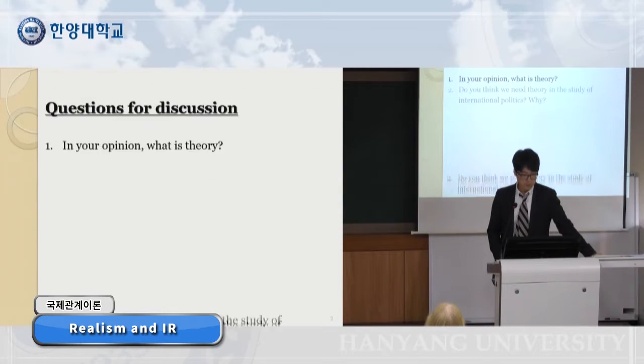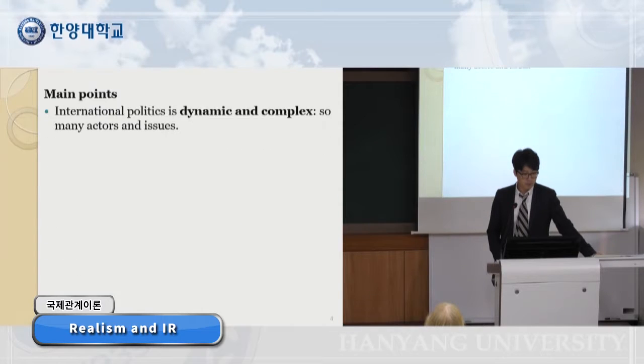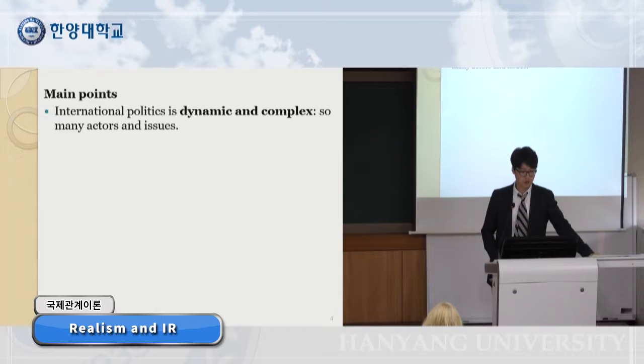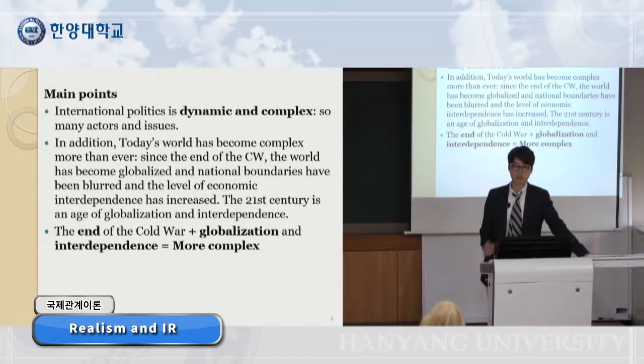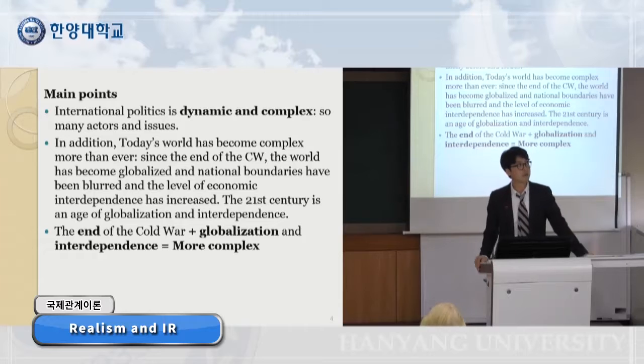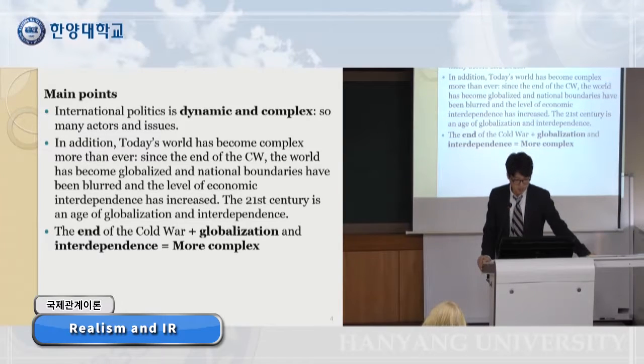So briefly, these are the key points that I want you to remember. The key point here is that international politics, especially today's, has become complex and dynamic more than ever, because of the end of the Cold War and the increased level of economic interdependence, and because of those phenomena, national boundaries have been blurred.